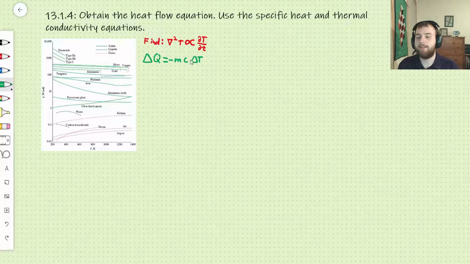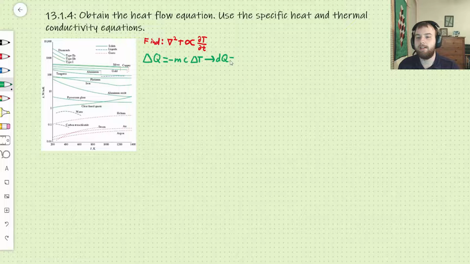The reason that negative sign is there is because when the heat is leaving the object, your temperature lowers. So a positive amount of heat leaving an object means a negative amount of temperature rise, so a temperature drop.